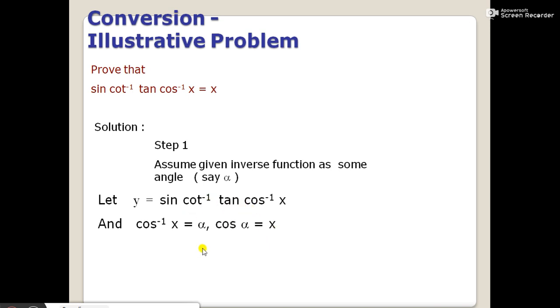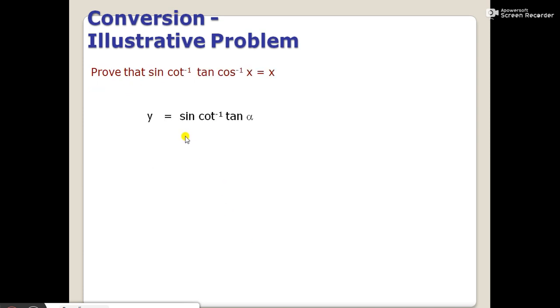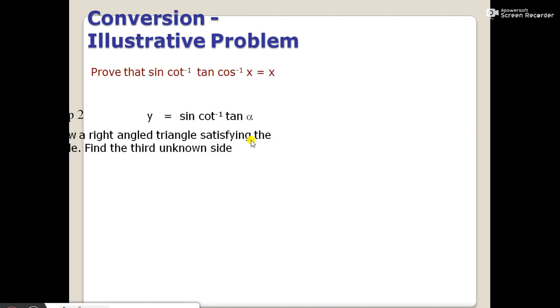And now this y becomes sine of cotangent inverse of tangent alpha, because this term we supposed alpha. As y is equal to sine of cotangent inverse tangent alpha.